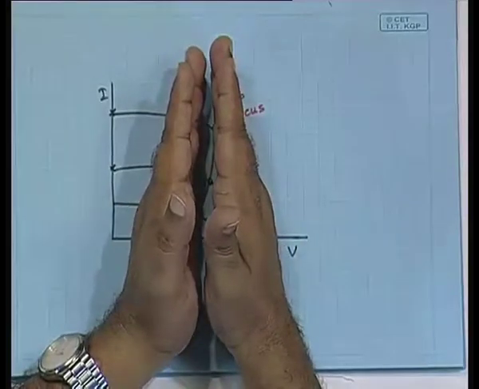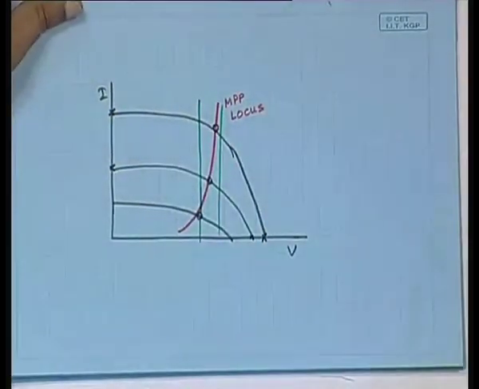Okay. Now, what kind of load is there where the voltage is more or less constant? Battery charging load. Battery charging load is where the voltage is more or less constant. When it is more discharged, the voltage is less. When it is fully charged, voltage is more, but you can always tune the voltage such that it is within this band. Okay. So, the most predominant use of the photovoltaic panel, simplest use, is battery charging.